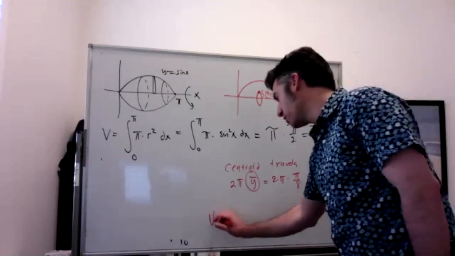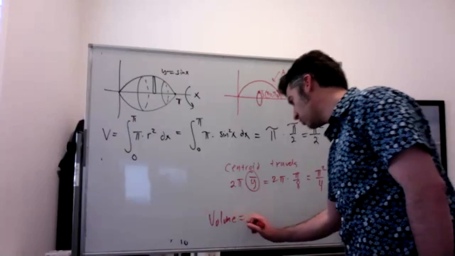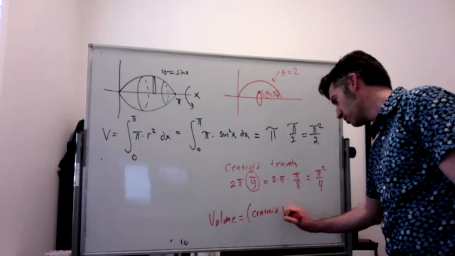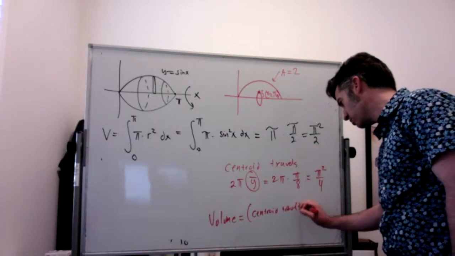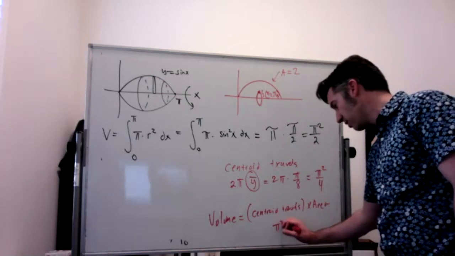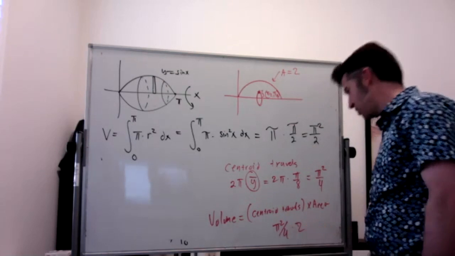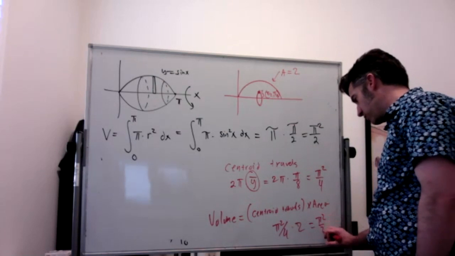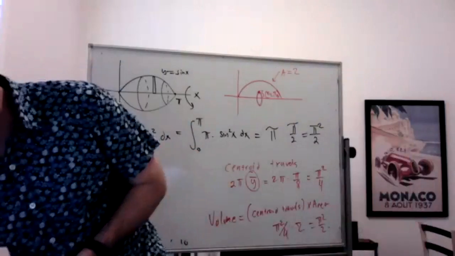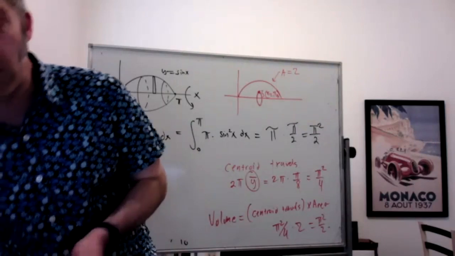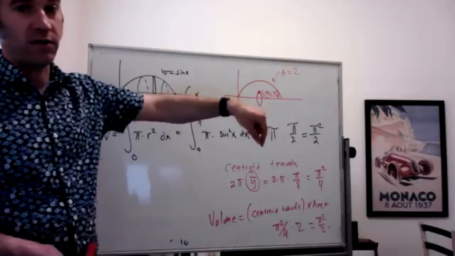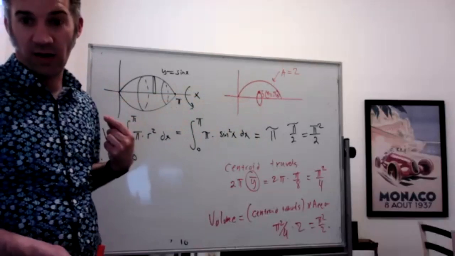So then the volume is equal to how far the centroid travels times the area of the region, which in this case is pi squared over 4 times 2, which is pi squared over 2. So that's the idea about Pappus's theorem, is that you can find the volume of revolution by finding the centroid and then asking how far is that centroid going to travel and multiplying that by the area.